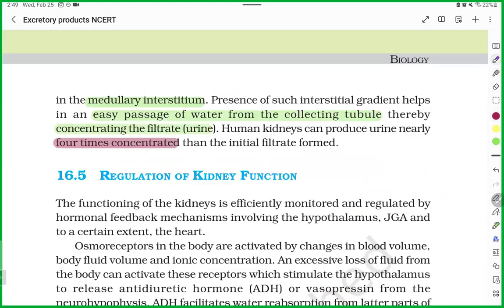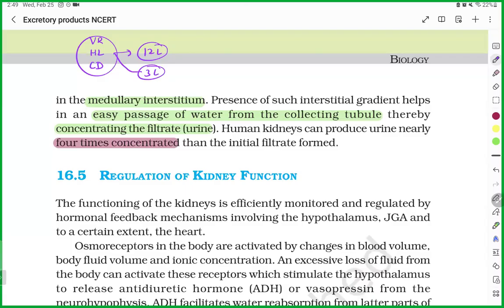Just because of these two, vasa recta and Henle's loop, and the collecting duct. Because of these, if you were wasting 12 liters of water, now you will produce only 3 liters. A lot of water is also reabsorbed by the loop of Henle, PCT and DCT as well.